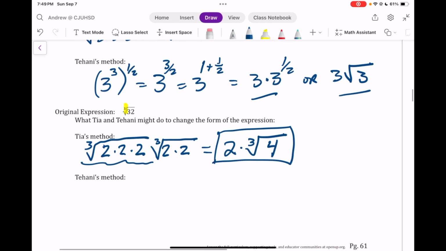Tehani would go, no, it's 2 to the 5th power, and that's taken to the 1/3 power.